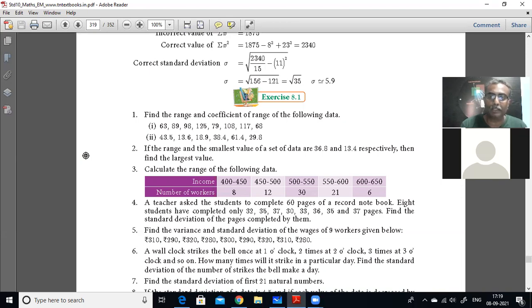You don't study anything at all. And you don't follow in class also, and you blame the Wi-Fi. What is the formula for range, Kaushik? R is equal to what?